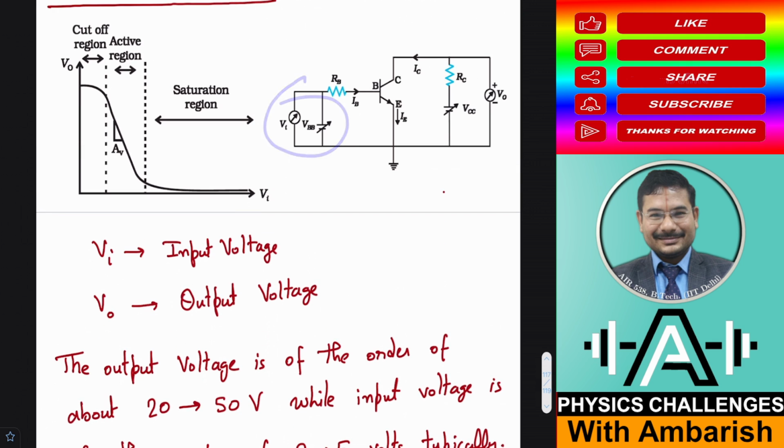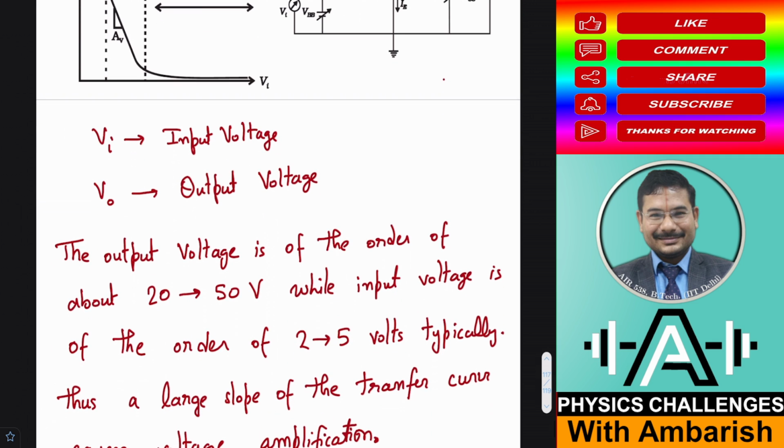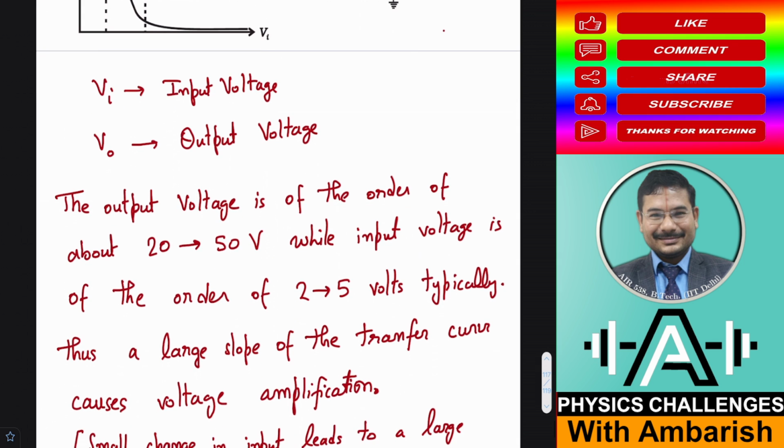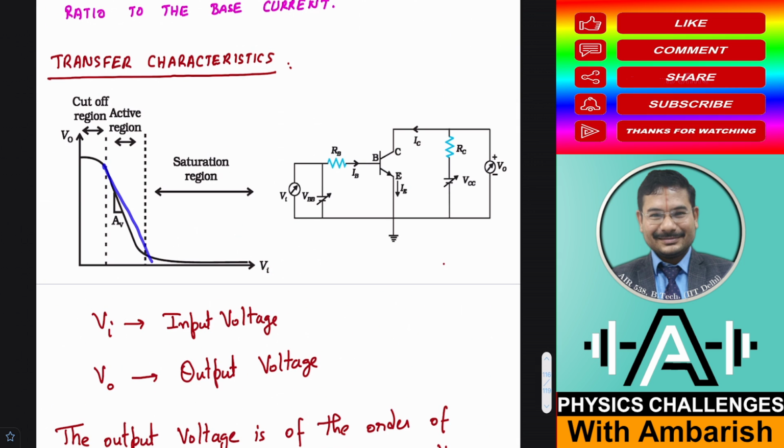It could be a little more here and there, and the output could be more than 50 volts also. So the output voltage is of the order of about 20 to 50 volts, while the input voltage is of the order of 2 to 5 volts typically. So this is going to have a very large slope.